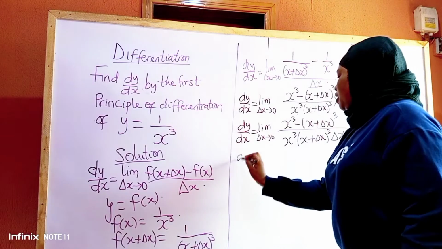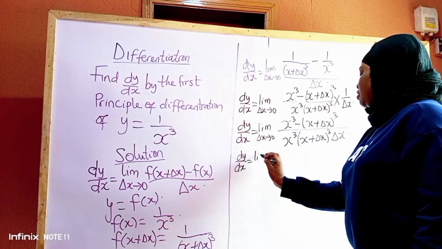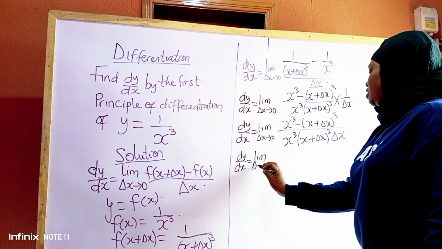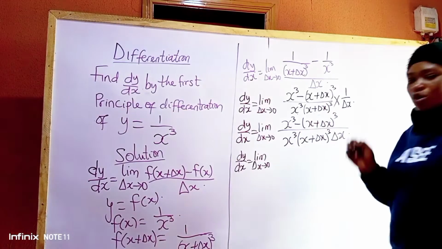So dy/dx will now be equal to the limit as change in x tends to 0. Then let's simplify the numerator.